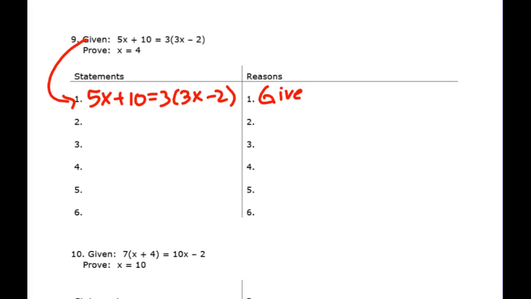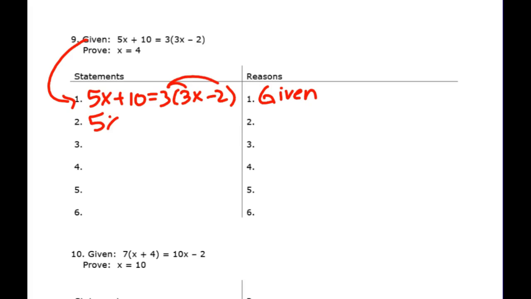Number 9. We always start with these algebraic proofs with our given statement. So 5x plus 10 equals 3 times (3x minus 2). That's given. Okay? And our first step, we see those parentheses. What do we have to do first? We have to multiply into those parentheses, and that's called distribution.